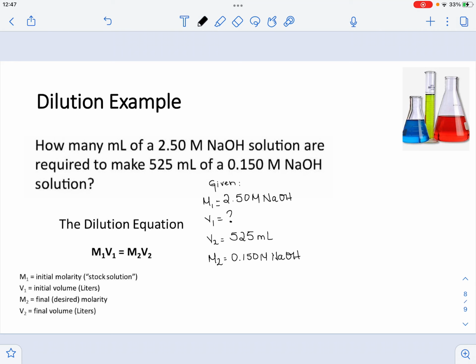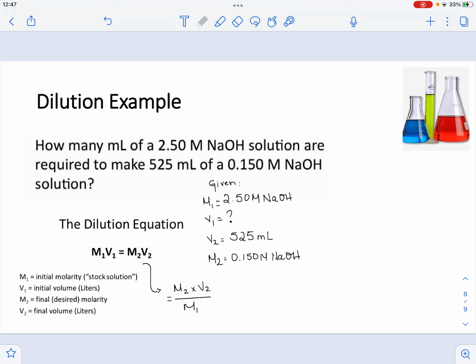So utilizing the dilution equation, I can calculate my V1, how much of my stock solution I need. Because I'm solving for V1, I can rearrange this equation, and it's going to be M2 times V2 divided by M1 that gives me the V1 term.